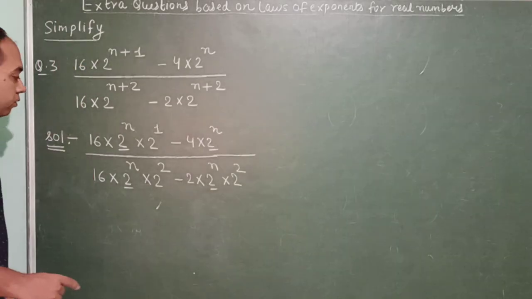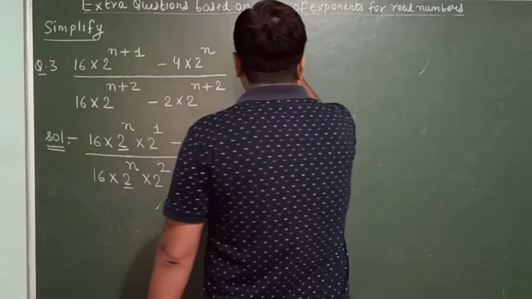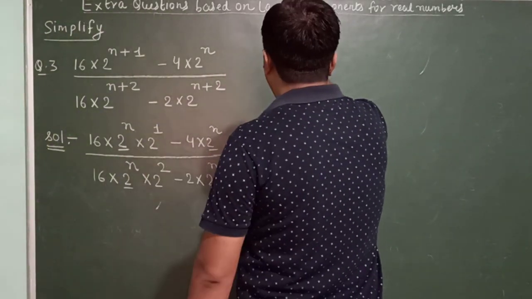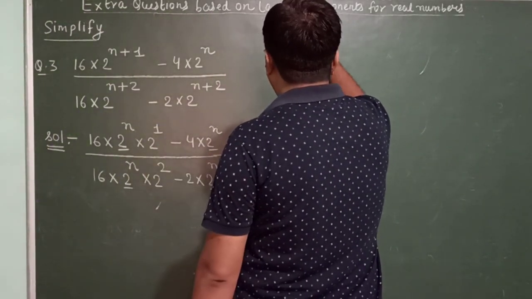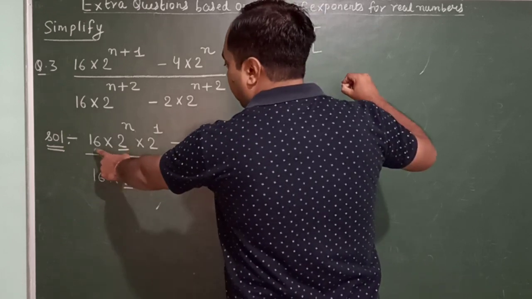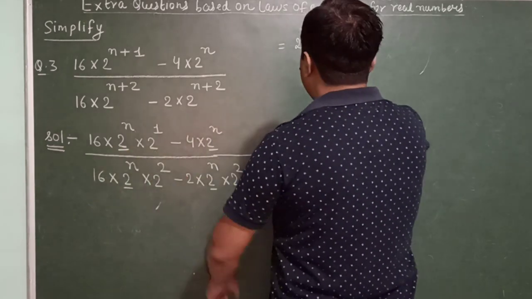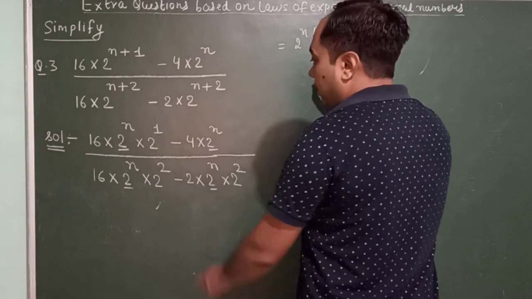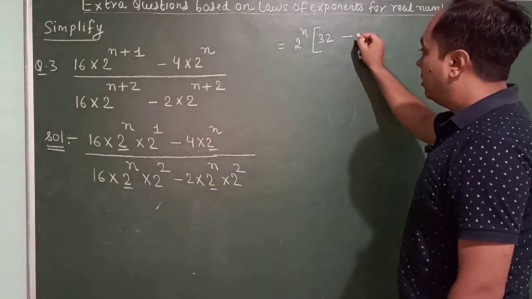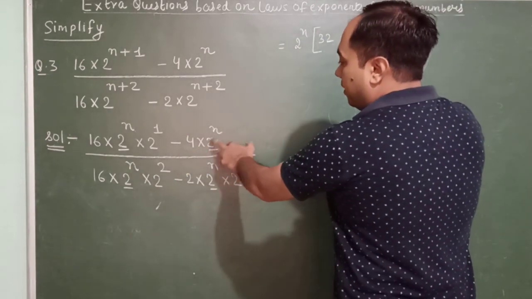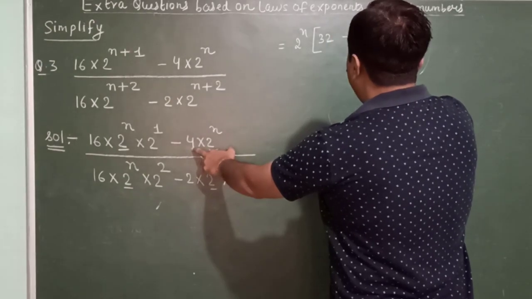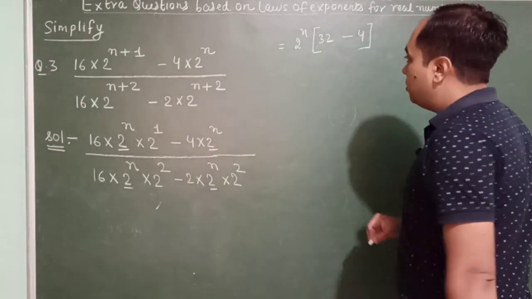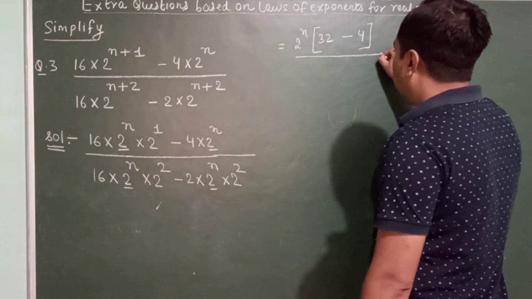So on taking 2 power n common from the numerator, inside what is left? 16 into 2, that is how much? 32. Then negative sign. On taking out 2 power n, what remains over here? 4. Close the bracket.